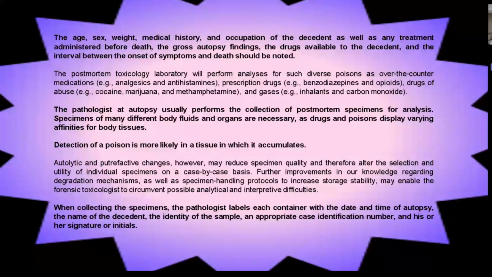The gross autopsy findings or the postmortem lesions, the postmortem findings grossly when we are seeing it. When we are opening the body, many times we can also get some smells. With the smells also we can know that this type of toxicity might have occurred, along with the onset of the symptoms and the time of death.